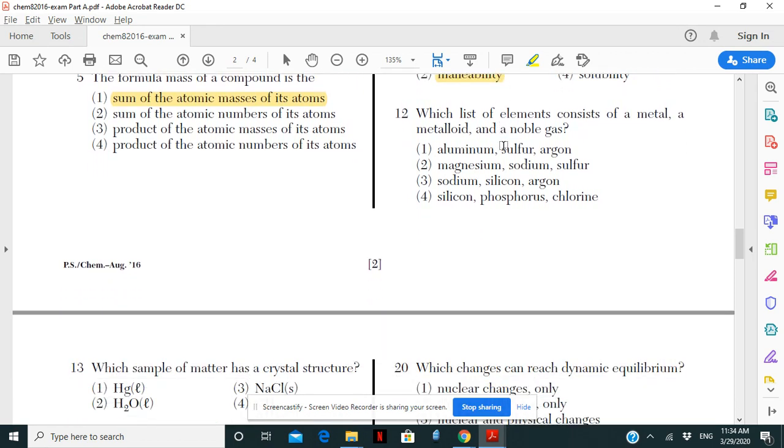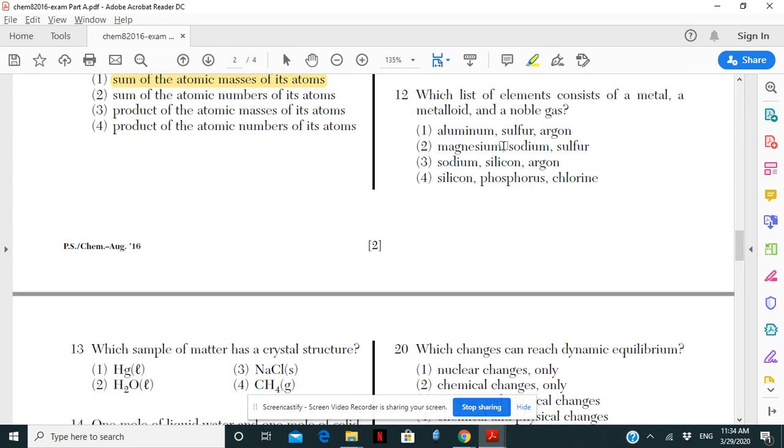Question number 12. Which list of elements consists of a metal, a metalloid, and a noble gas? Aluminum is a metal, sulfur is a non-metal, argon is a noble gas. So here, aluminum is a metal, but sulfur isn't a metalloid.